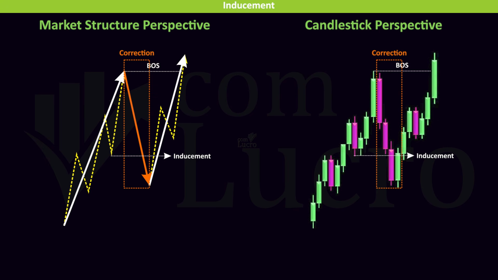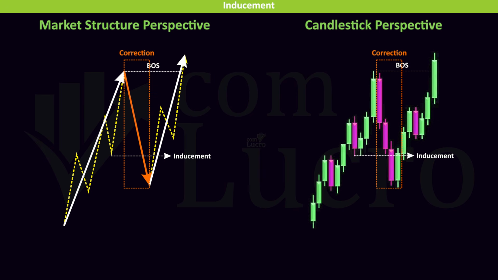In this case, price moves below the most recent internal pullback, signaling an inducement and confirming the formation of a major high. As selling pressure begins to fade and bullish momentum starts to build again, price is likely to continue in the direction of the prevailing trend.